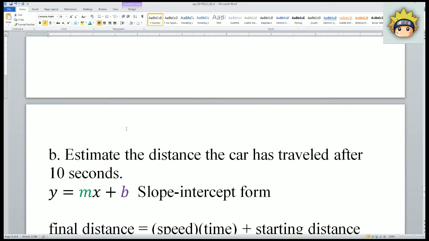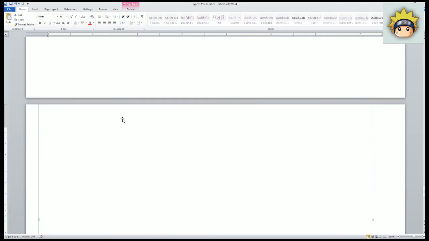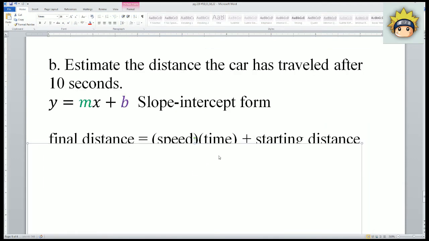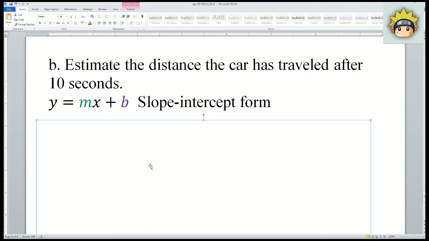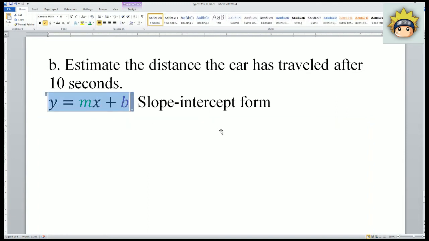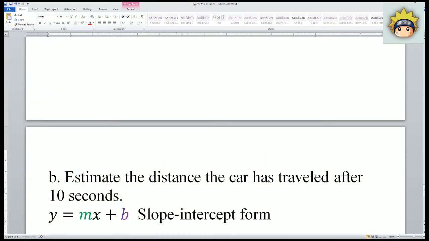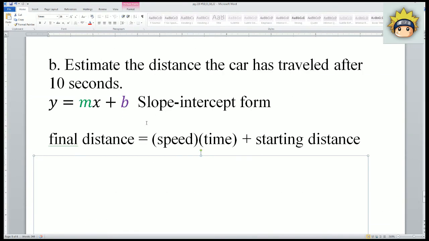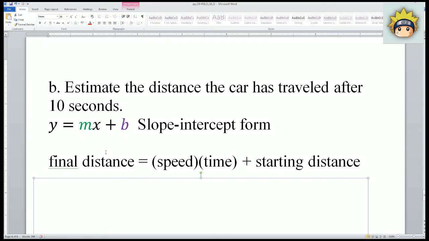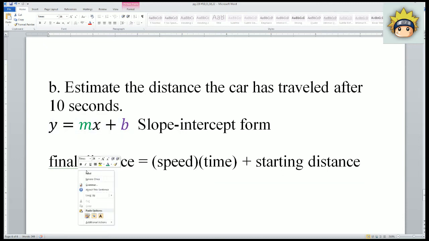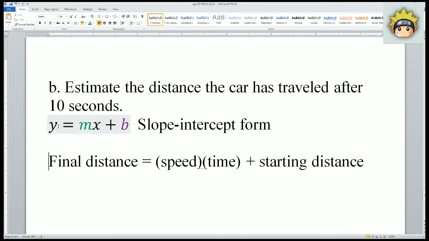All right. Next, it asks us to estimate the distance the car has traveled after 10 seconds. What I have here is the slope-intercept form. But I need you to understand something about the slope-intercept form. These can be different units, but the way I think about y is your final distance.